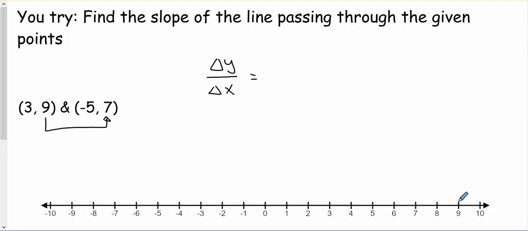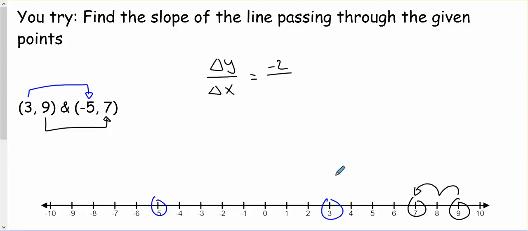Well, if we went from 9 to 7, we're going left 2, so that's down 2, over change in x from 3 to negative 5. Well, here we're going left again. 1, 2, 3, 4, 5, 6, 7, 8. That's down 8.